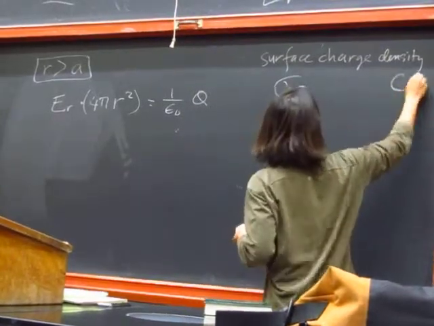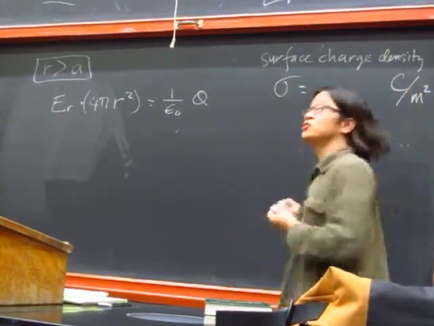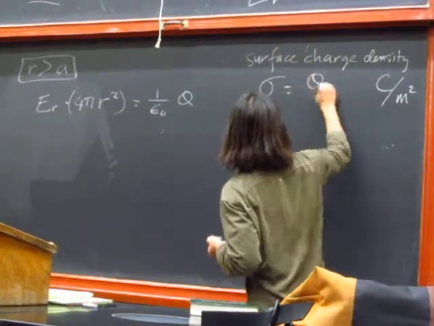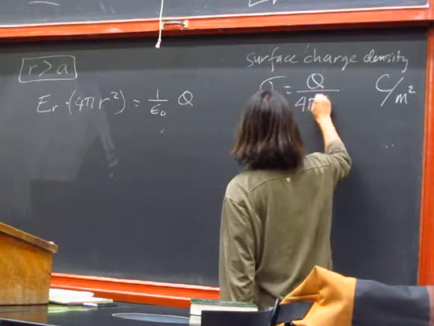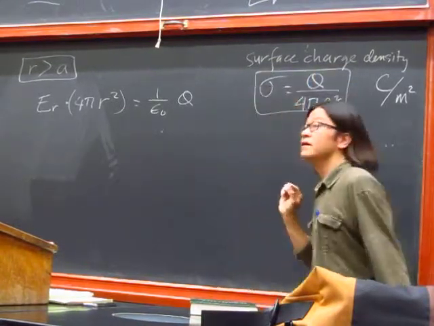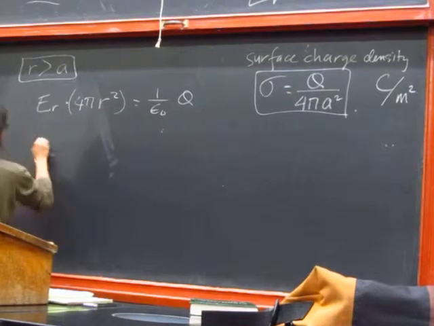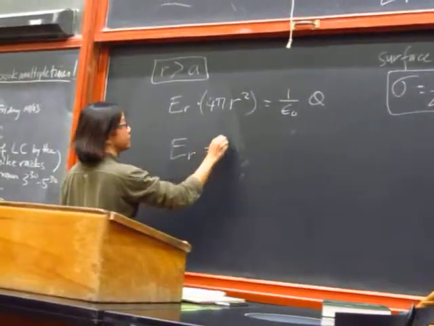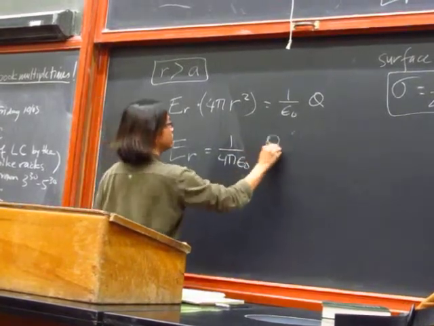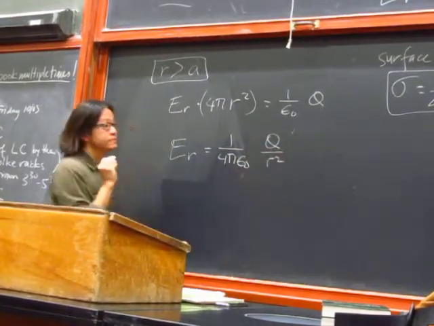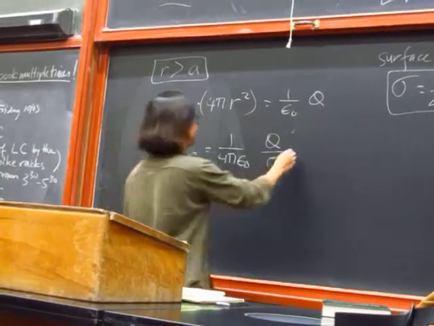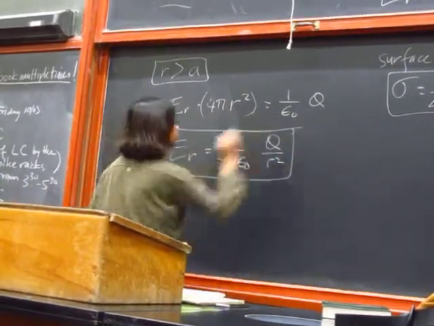Sigma has units of coulomb per meter squared, just charge per unit area. In this case, sigma is just Q over 4 pi a squared. So the electric field here becomes 1 over 4 pi epsilon naught, Q over r squared. I mean, this is already the final answer. This is the correct answer.